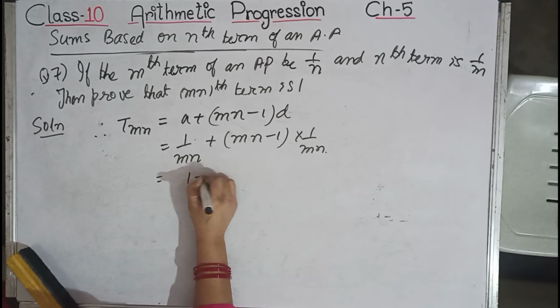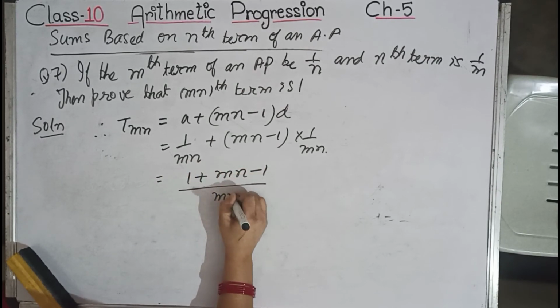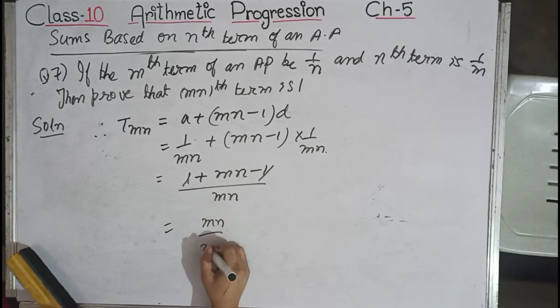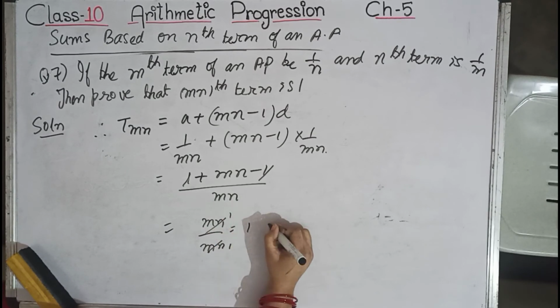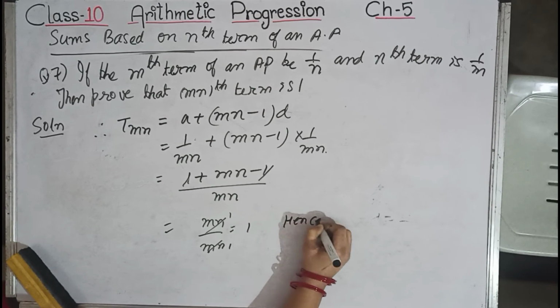So we are getting 1 plus of (mn minus 1) by mn, which equals mn by mn, which equals 1, and hence proved.